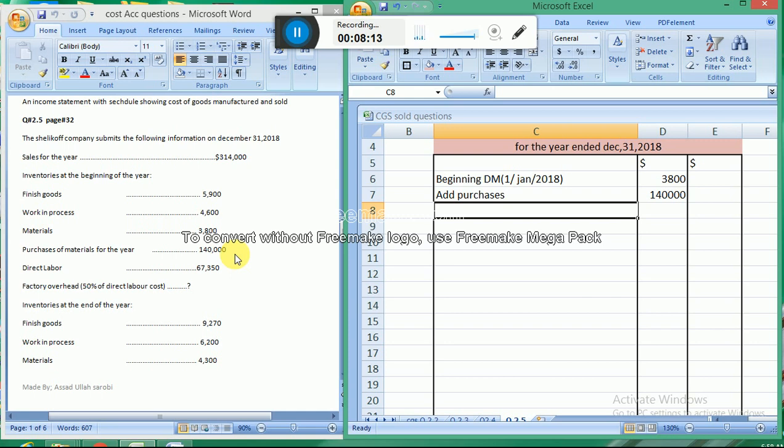That is called purchase returns. Purchase returns will always be subtracted from the purchases, and then we find the net purchases. But here in the question there are no purchase returns.